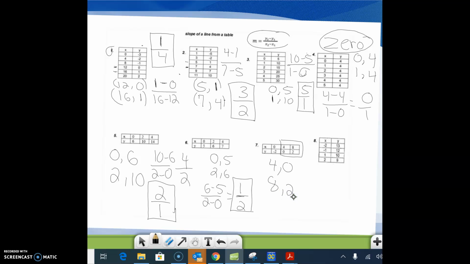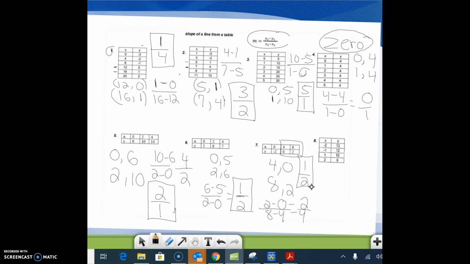Okay, all right. 2 minus 0, and then 8 minus 4. All right, 2 minus 0 is 2. 8 minus 4 is 4. 2 over 4 reduces to what, guys? A half. We're done. Last one.